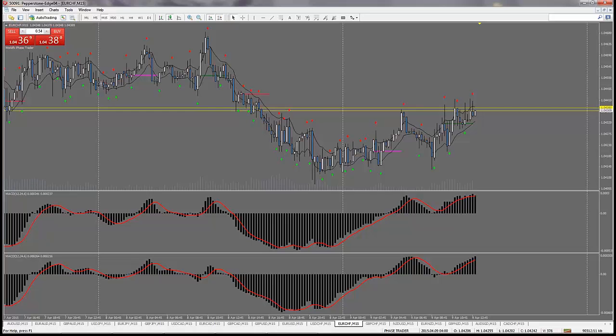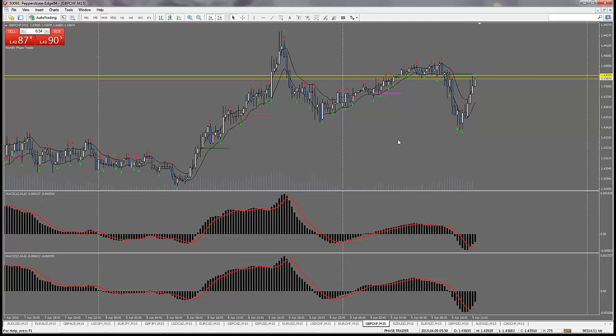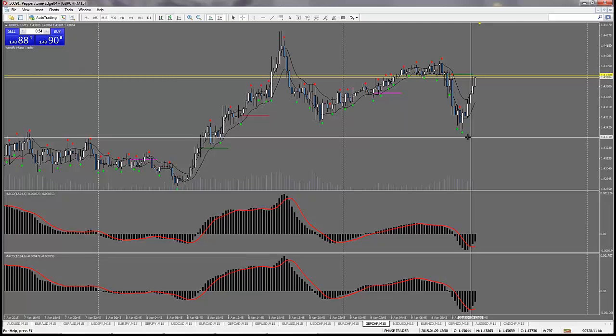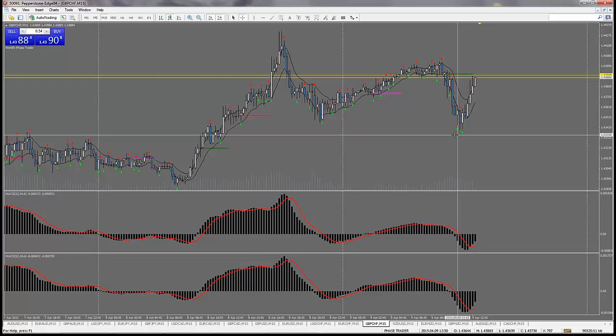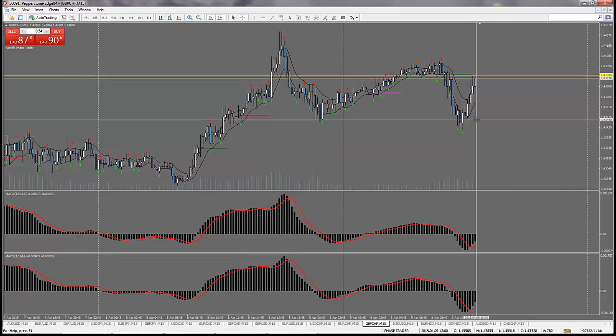Pound Swissy. Now this one can really get you if you don't learn to read it, because it will turn hard and fast. So let's go through here where we would have got a type 1 trade that turned into a type 2 signal this far.